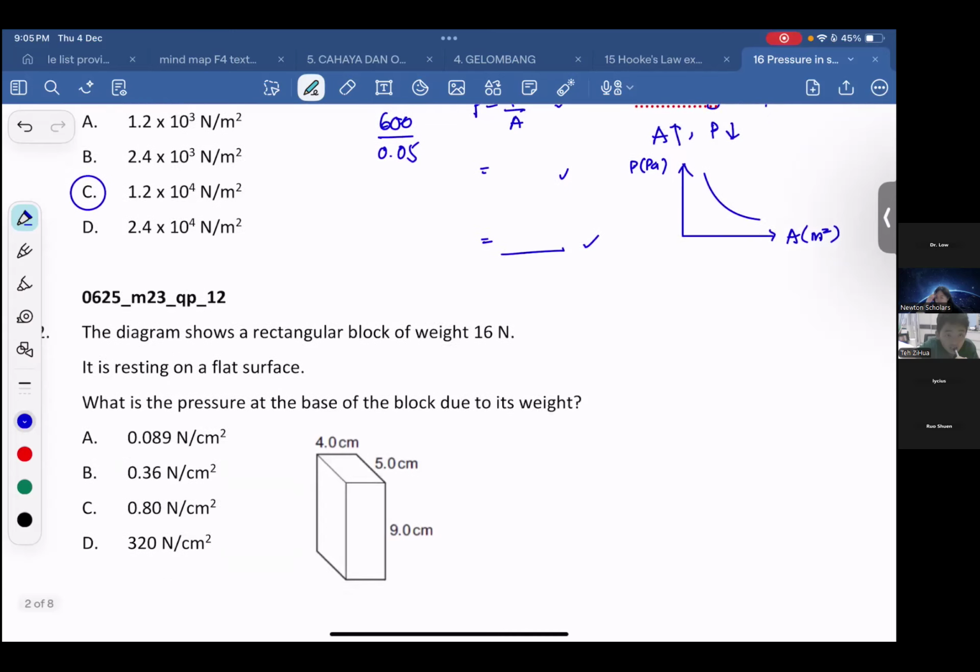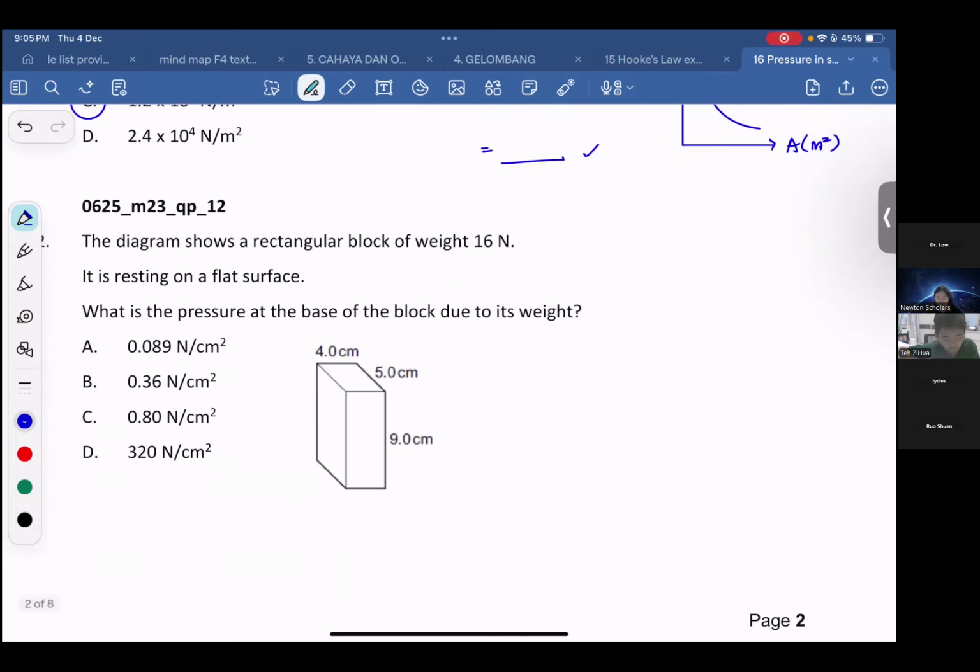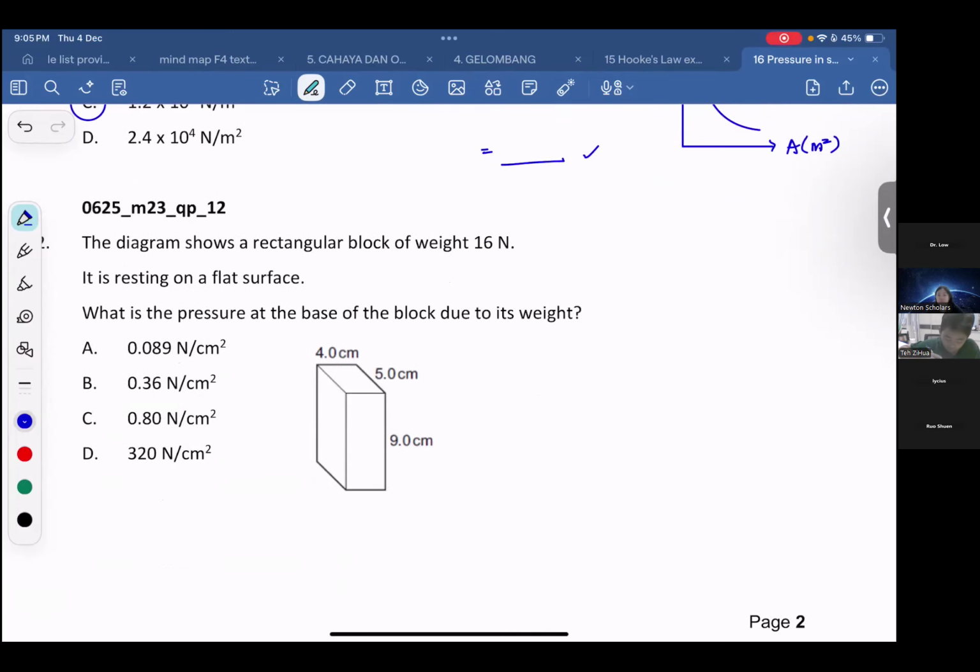And you guys try: what is the pressure at the base of the block due to the weight? Angeline, correct. How about others? Zihua, correct. Emily, correct. This question they didn't trick you.